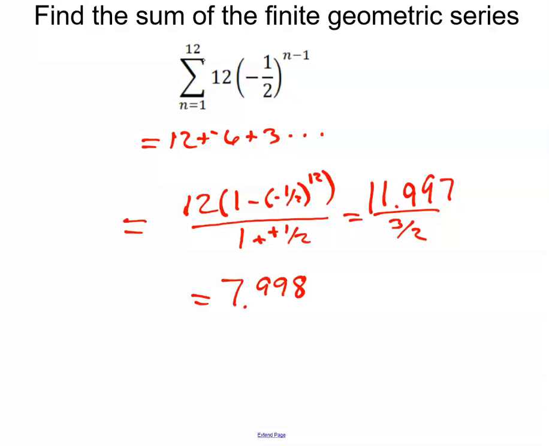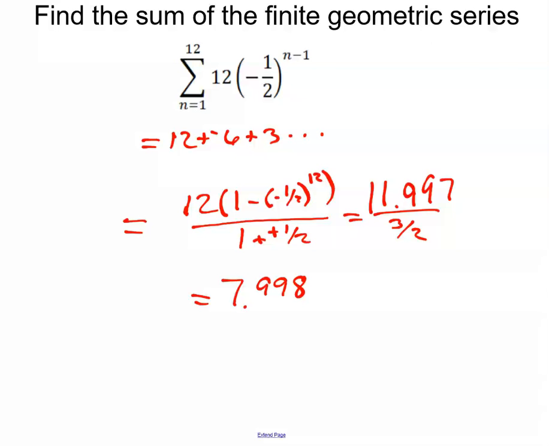Because I'm multiplying by a half, even if it's negative, that's cutting the number in half. It's also switching the sign, but it's cutting the number in half each time, which eventually when you get to the 12th term, or the 30th term, or the 100th term, those numbers become extremely, extremely small, to where eventually they become essentially insignificant.